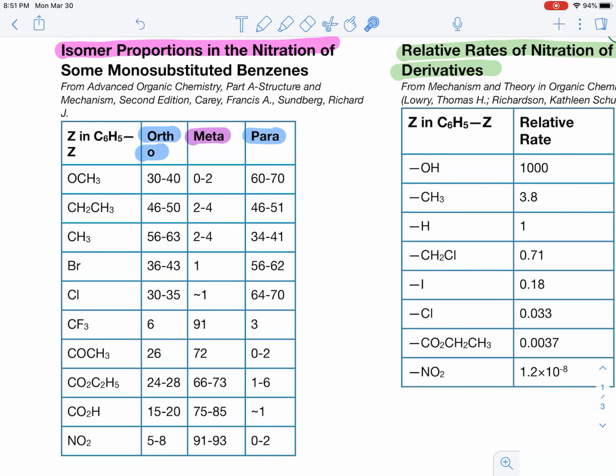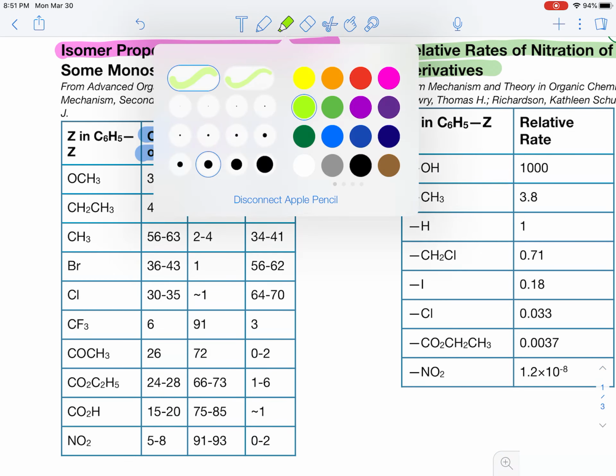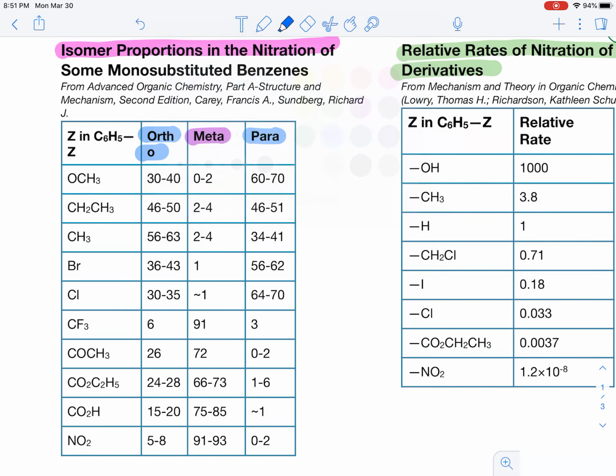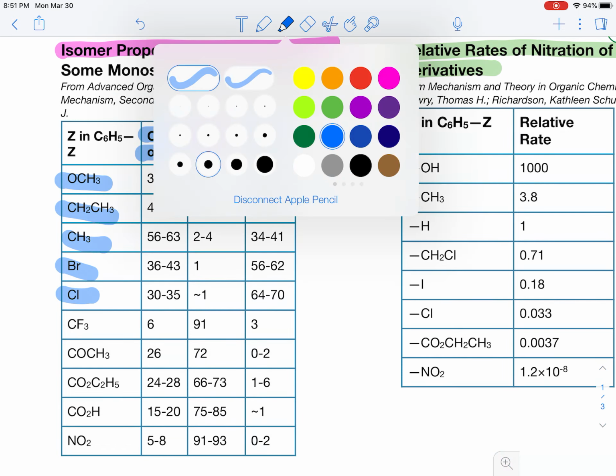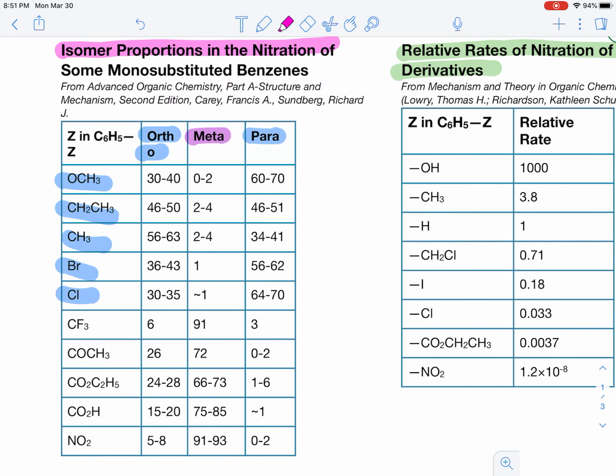So we can highlight this using the correct color. These particular groups seem to send the incoming electrophile to the ortho and para positions, whereas these particular existing groups seem to send the incoming electrophile more to the meta position.